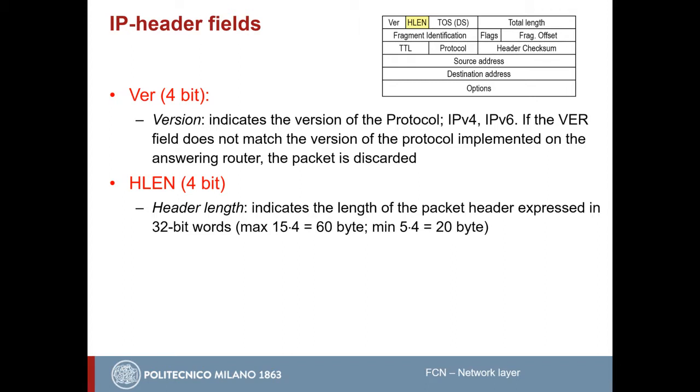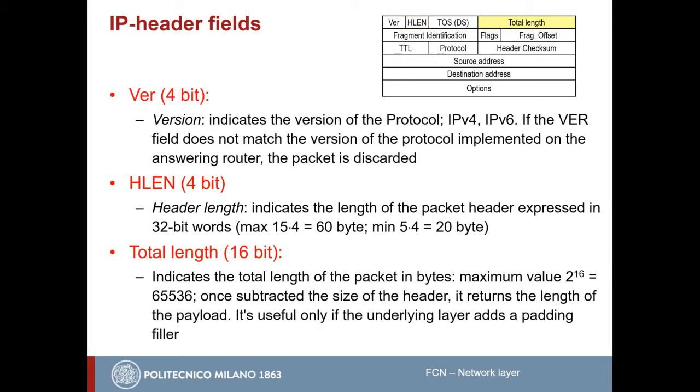For example, 60 bytes is the maximum for a header. It corresponds to an H length value of 15. This is why H length is only 4 bits, because the maximum size in IPv4, this is only for IPv4, remember, is 60 bytes. The minimum value of H length would be 5, because 20 bytes is the minimum size.